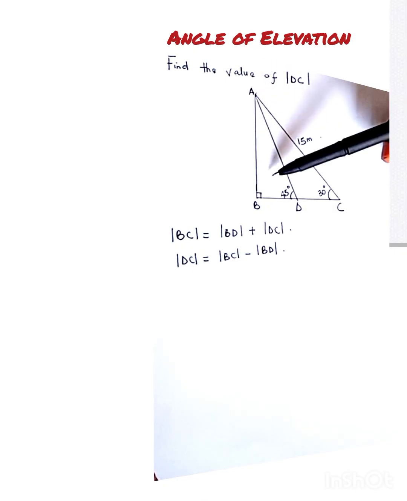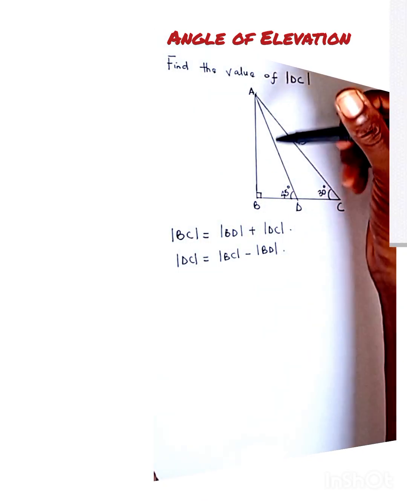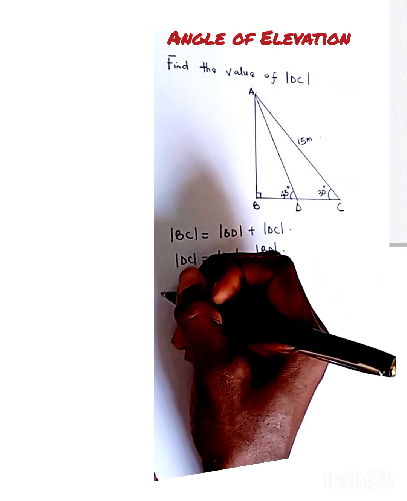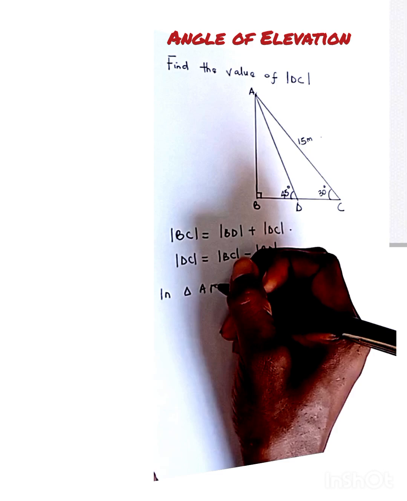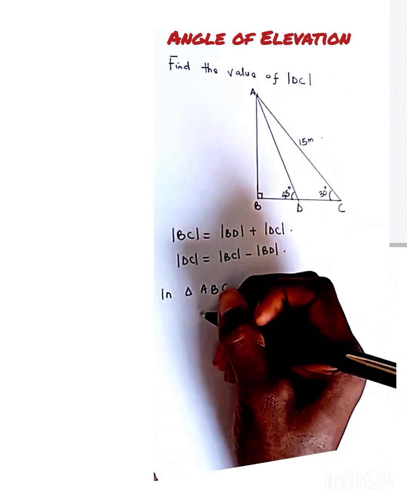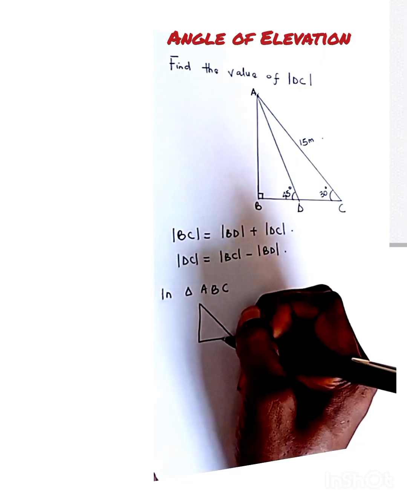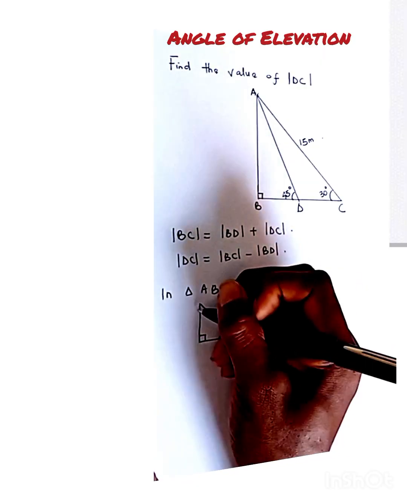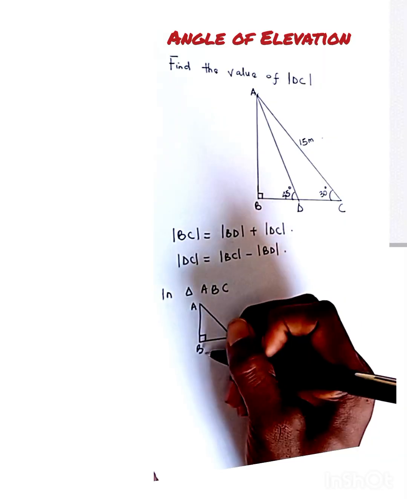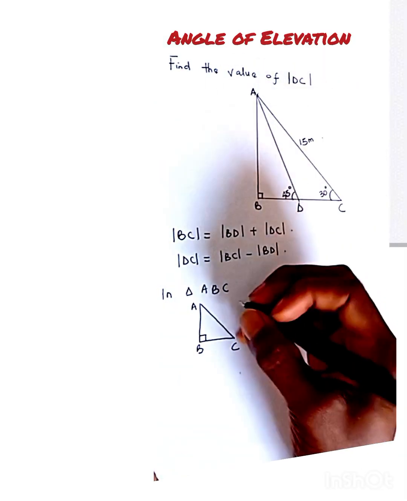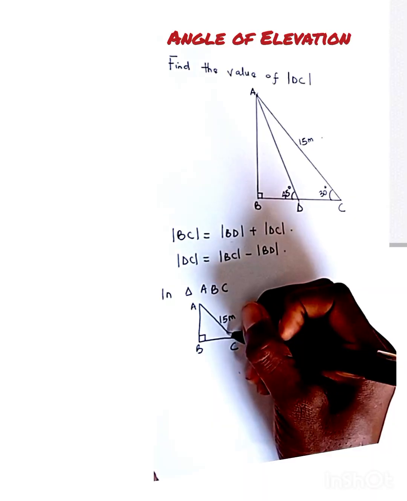Having two right angle triangles here, the first is triangle ABC. This is what we have here as the triangle. This is A, this is B, this is C. So we have AC is 15 meter, and the angle is 30 degree.